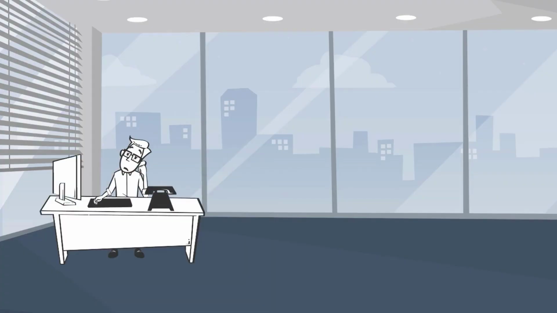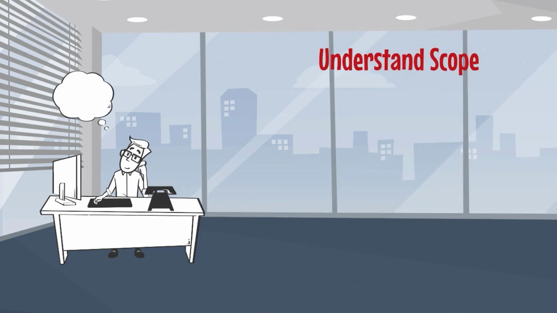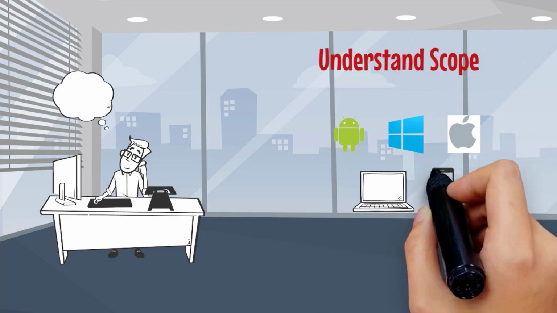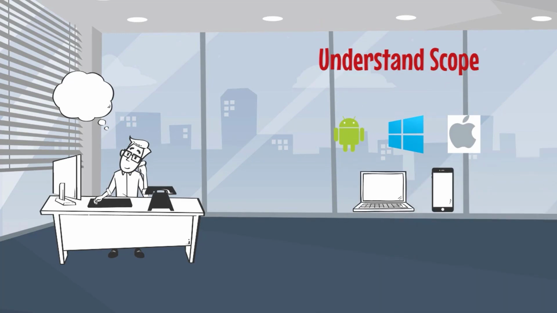So again, this can be really overwhelming if you go into the portal today and try to navigate all the settings right out of the gate. But you should first understand the scope of the services and devices that you'll encompass here. Some of that includes the platforms that Defender ATP supports, like Android, Windows, macOS, and Linux.